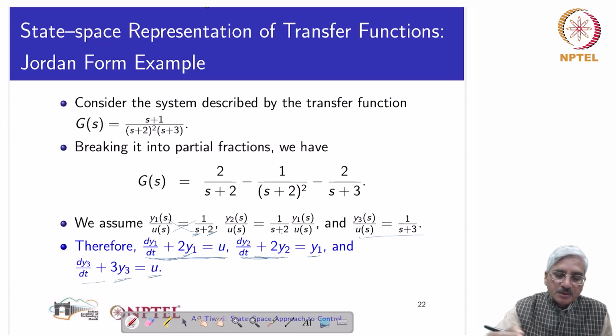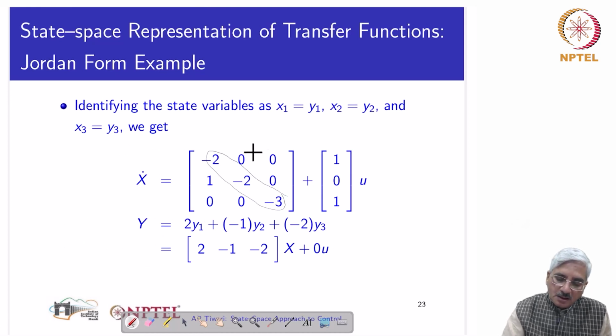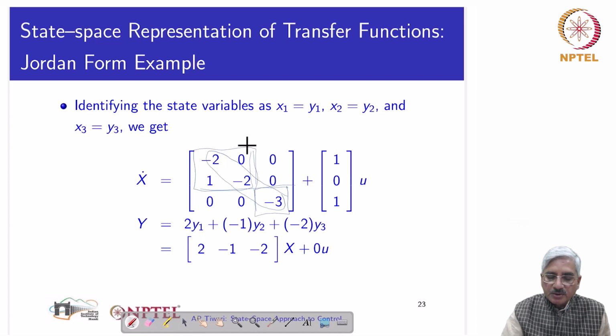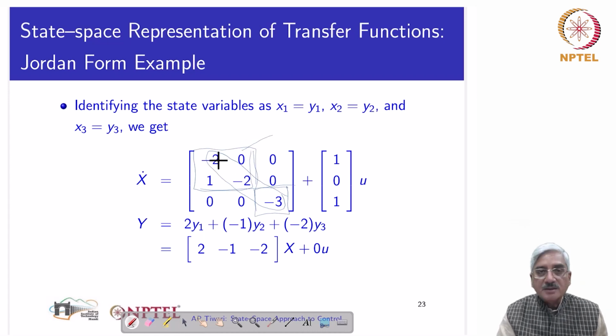When they are assembled in the form of matrices, we get this block diagonal matrix. This is the Jordan block 1, this is the Jordan block 2. This is J1, this is J2. J1 is of size 2 by 2 because the eigenvalue at minus 2, or the pole at minus 2, had a multiplicity of 2.